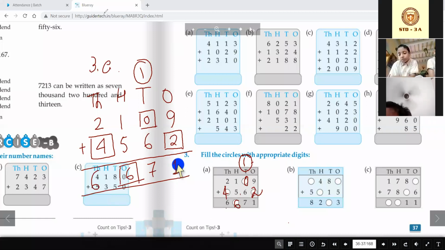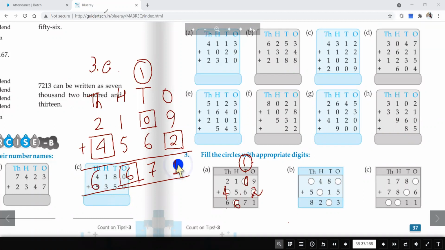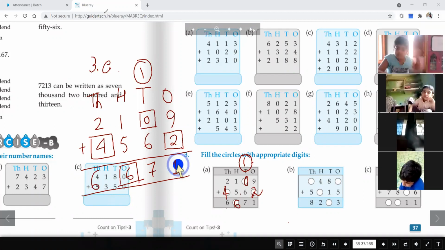You understood, Aninda Vinabo? Yes. Okay, no problem. Yes, ma'am. Okay. Rest of the students, is there any kind of concept, any doubt? Aratrika, you understood this sum? Okay, very good. Advika, okay, mute yourself.